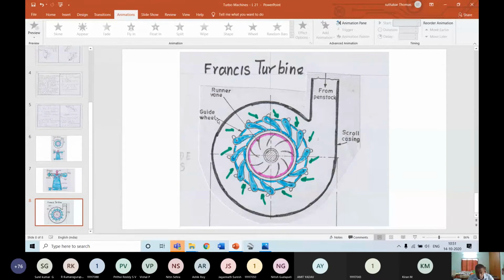The reason is the generator has to run at the synchronous speed to produce a particular frequency of the electrical current.